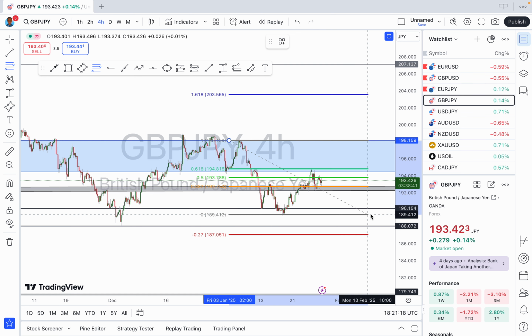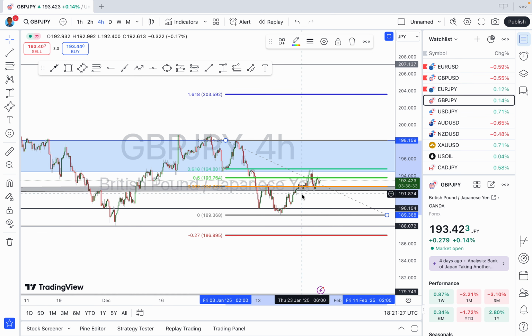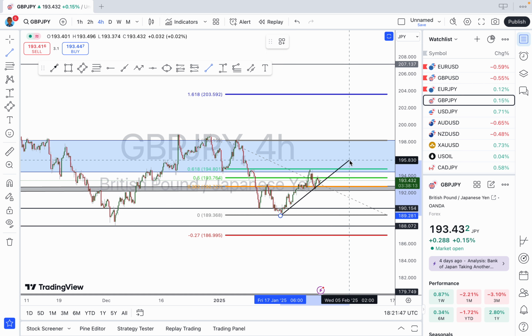I'm not exactly going to call anything for GBPJPY on this video, but it's a 50-50 move, and anything is still possible. You see, from swing high here to swing low here, you see that we are playing nicely in this area, right? That lines up with a monthly level. That lines up properly with a monthly level. My ideal scenario will be a counter trend line coming from here.